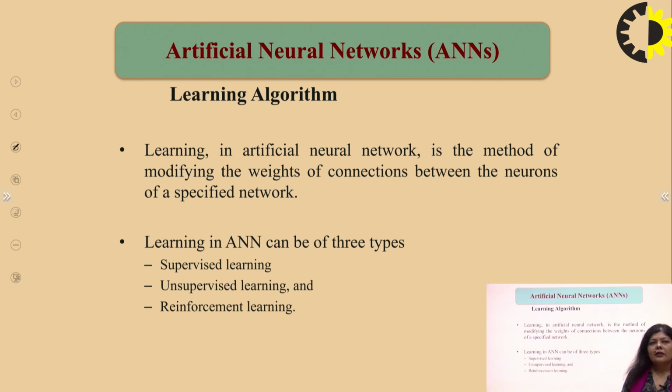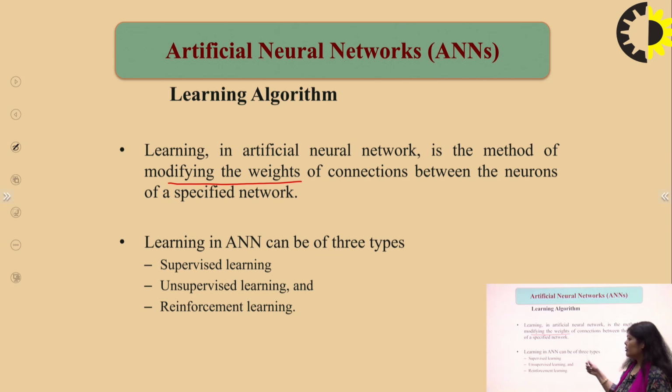So how do we achieve learning in artificial neural networks? This is just with the help of modification of weights. By modifying the weights between the connections, learning can happen in these artificial neural networks.